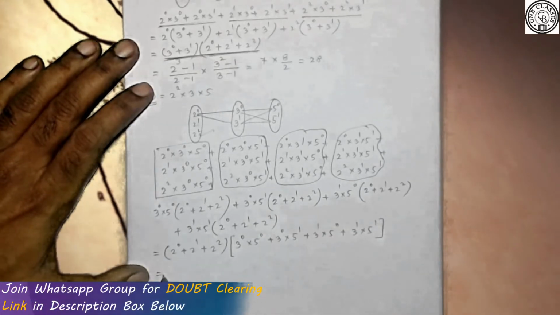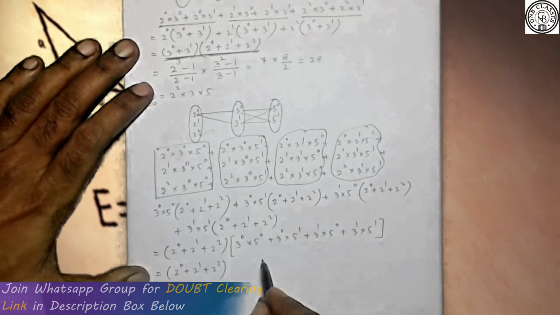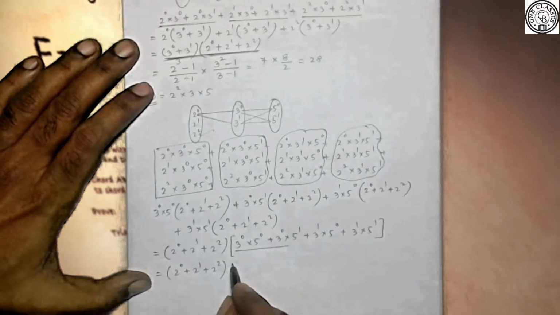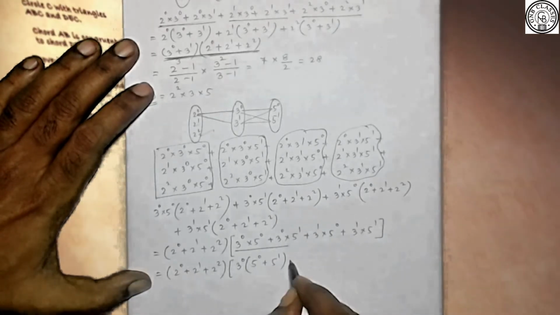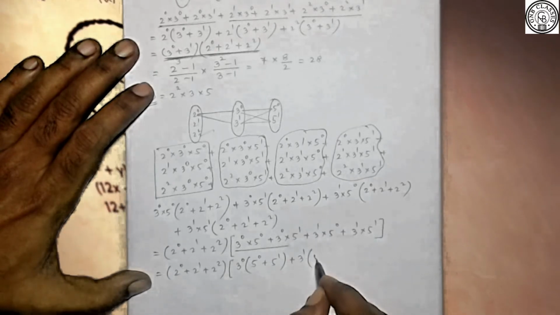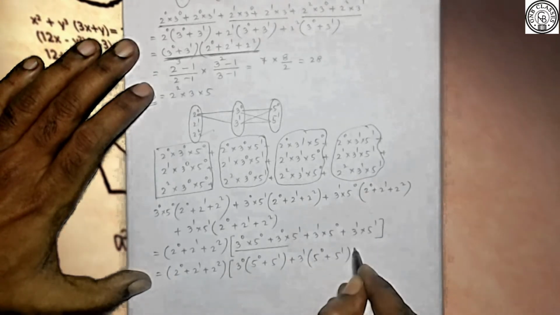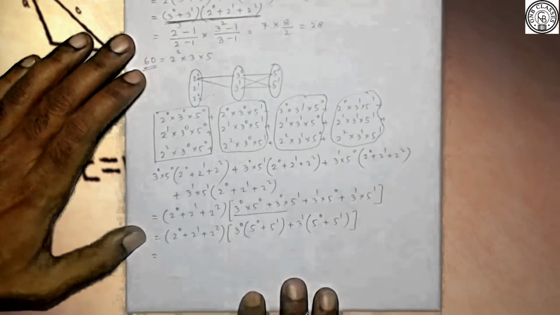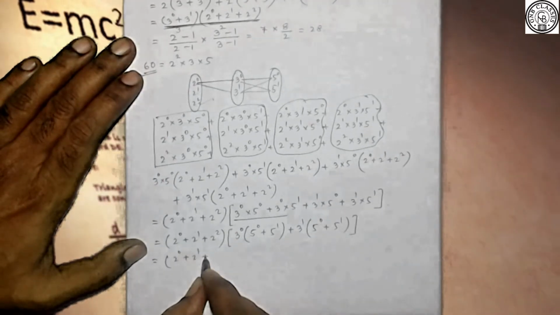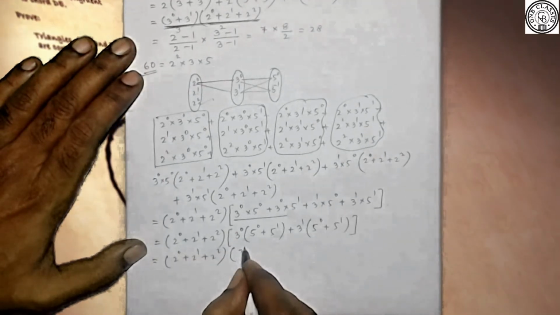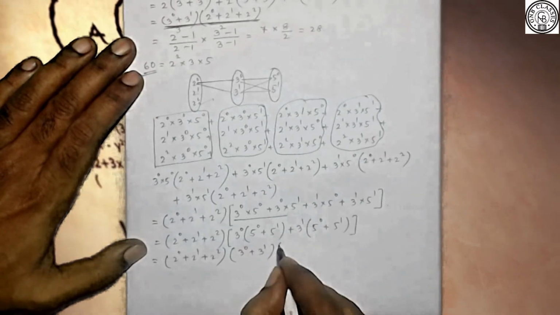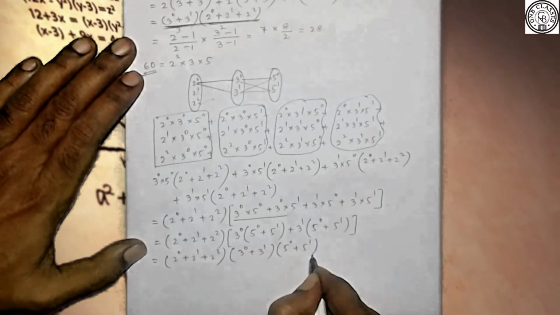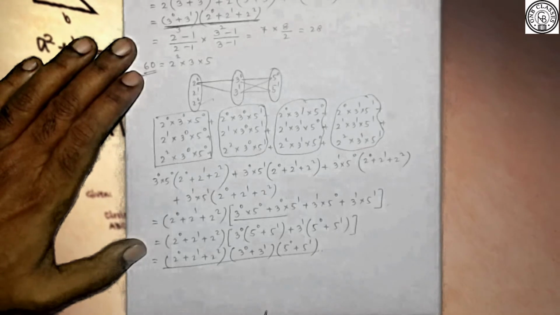Now let me take 3 to the power 0 common from this 2 and 3 to the power 1 from here, so we are left with this one. So now it can be written as (3 to the power 0 plus 3 to the power 1) into (5 to the power 0 plus 5 to the power 1). Observe it carefully.